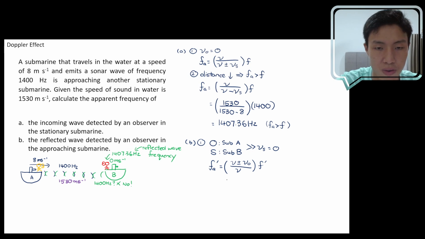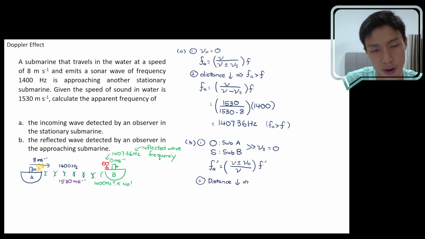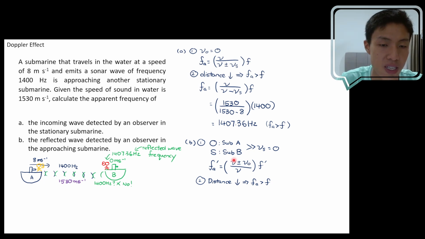Okay, so now we can continue with step 2. We know that sub A and sub B are still getting nearer to each other, so the distance, no matter what, is still decreasing. So because the distance is decreasing, you know that the apparent frequency will have to be greater than the frequency produced. So because Fa is greater, therefore you know that the numerator must be larger than the denominator. Numerator larger, denominator smaller.